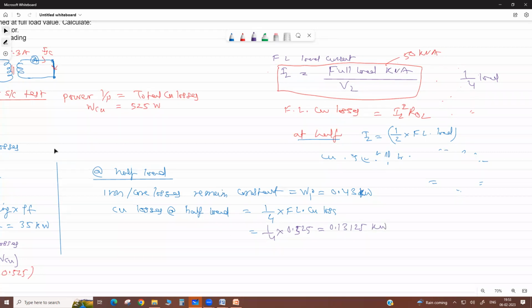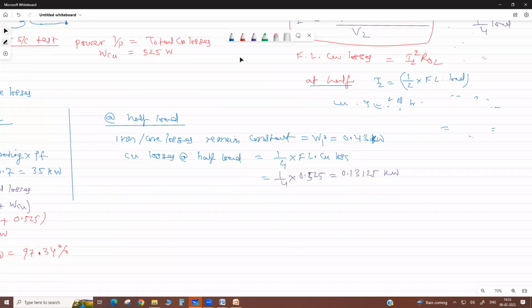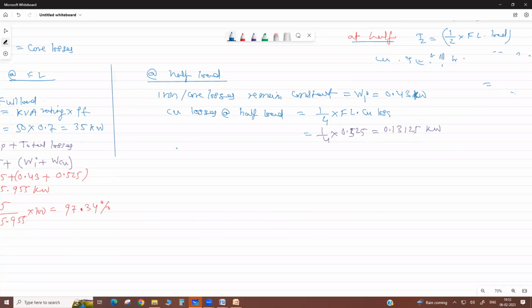Now at half load here, if you calculate what is the kilowatt output of the transformer? It is now half of your rating. Either you write your rated KVA divided by 2 into power factor.